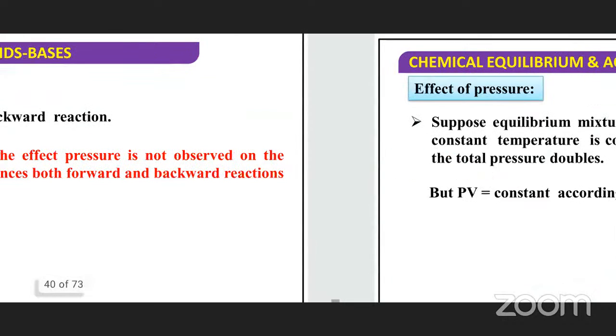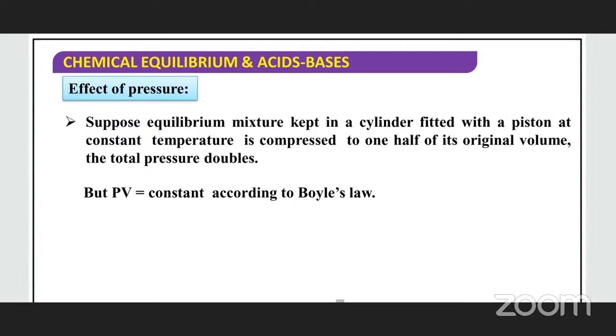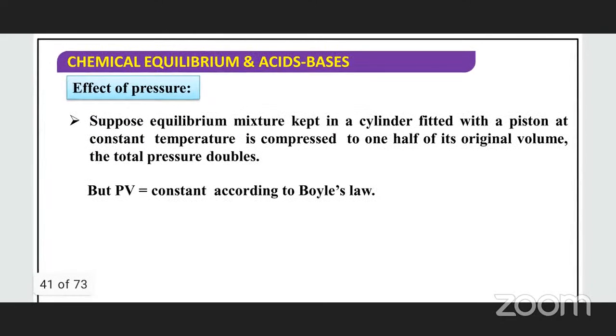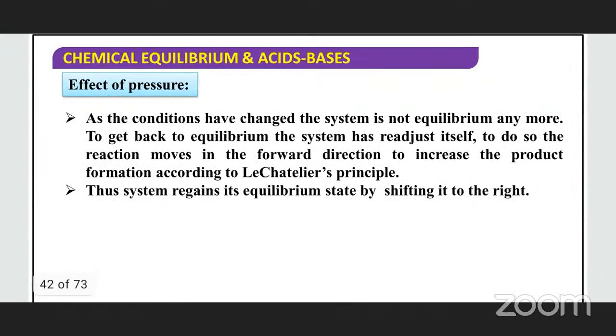Effect of pressure. Suppose an equilibrium mixture kept in a cylinder fitted with a piston at constant temperature is compressed to one half its original volume; the total pressure doubles. PV is equal to constant according to Boyle's law. As the conditions have changed, the system is not at equilibrium anymore.